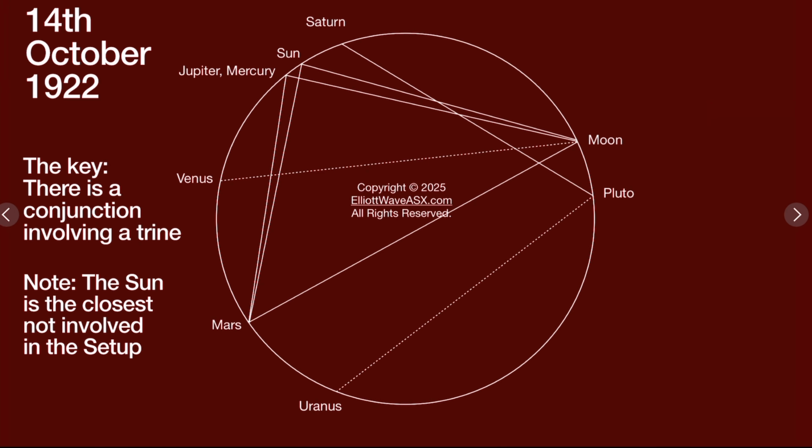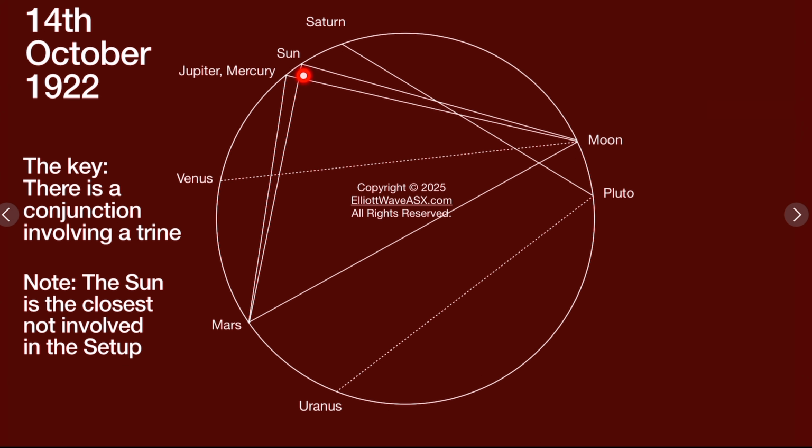Looking at a schematic of the aspects, the key is there is a conjunction involving a trine. Now, the Sun is far enough away from Saturn to be out of orb and not conjunct. It's close enough to Mercury to be conjunct, but it's too far away from Jupiter.